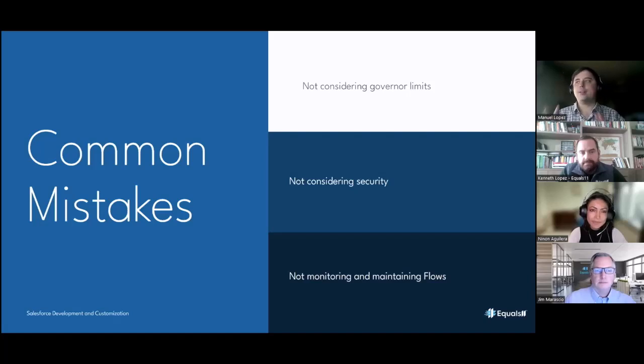What I mean is you need to avoid putting queries or DMLs inside a loop, for example, because otherwise you're going to reach the governor limits. This is one key feature of Salesforce, in which you have limits because you are sharing the same servers with other users. So it's important that you always keep an eye on what resources you're using.